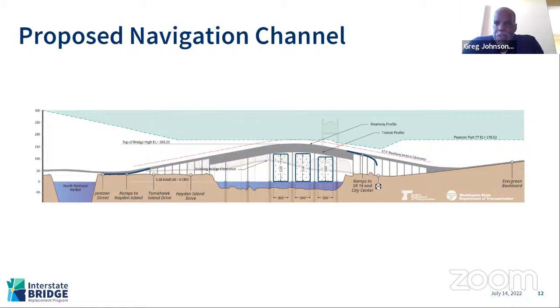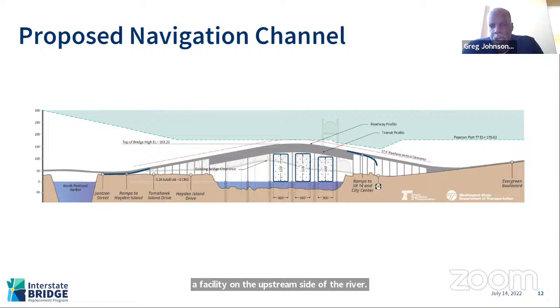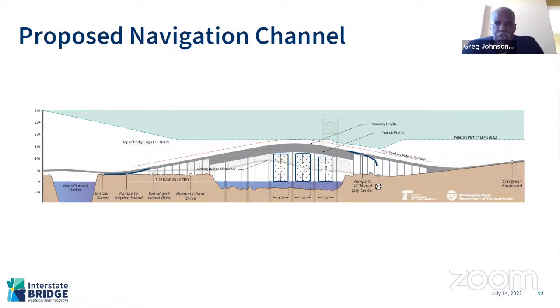Now, we know we have some fabricators who have a facility on the upstream side of the river that infrequently ship out large loads that require more than 116 feet. So we are in constant conversation with them, and we are prepared to enter into discussions to meet their needs, as well as meeting the needs of a 116-foot bridge.